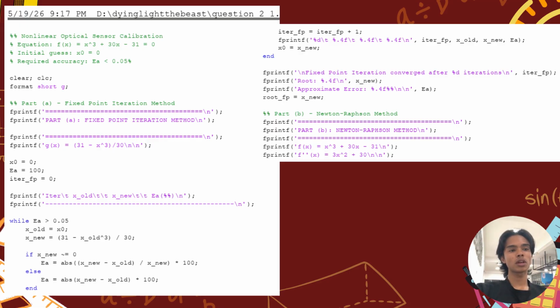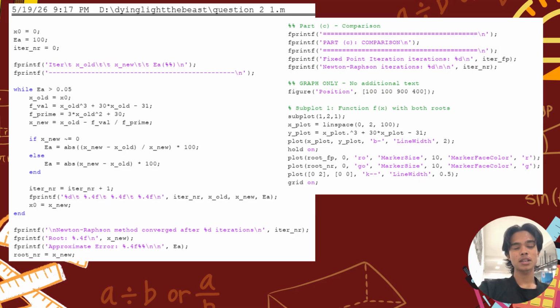And then finally we have the code for approximate error, and then proceed to the second part, which is the Newton method. The second part continues here.